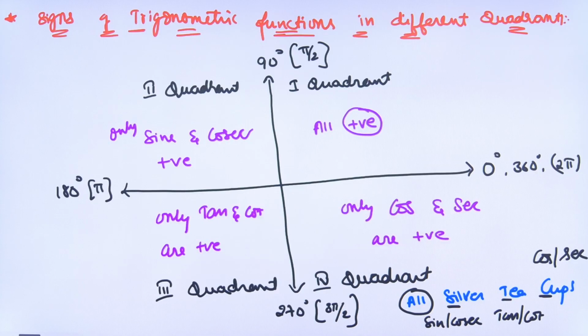Fourth one, if you see on the screen, sine 180 minus theta. Okay, see 180 comes, so sine should remain sine. And 180 minus theta, see students, 180 minus theta means, see this is 180.